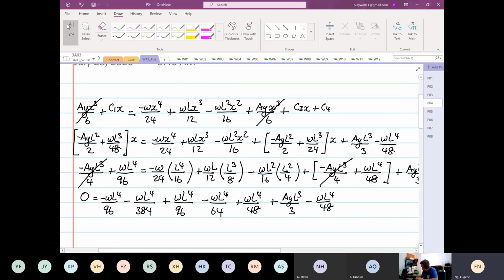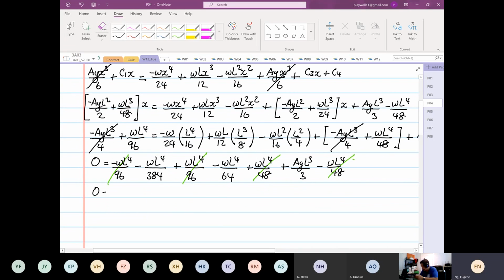So by looking at this, I think I can cancel this. I can cancel this. I can cancel this. I can cancel this. So finally, this will be equal to minus 1 over 384 minus by 1 over 64. So minus 7 over 384 plus by omega L4.